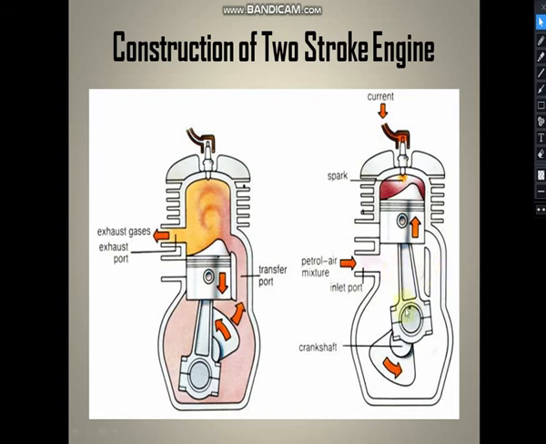Okay, so what will happen actually when the piston is moving from the bottom dead center to top dead center.